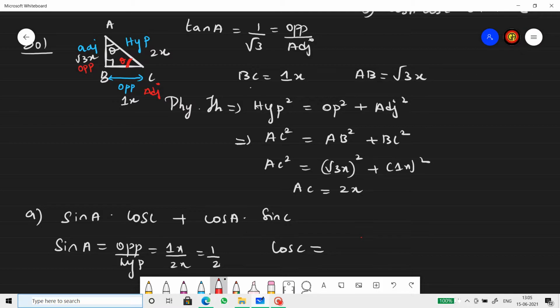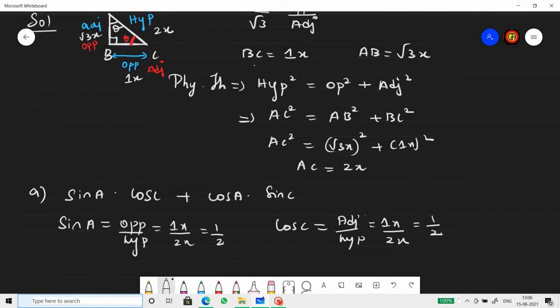So I get cos C as BC, adjacent, by hypotenuse, which is 1x by 2x again, which is 1 by 2. Now sin A is over, cos C is over.